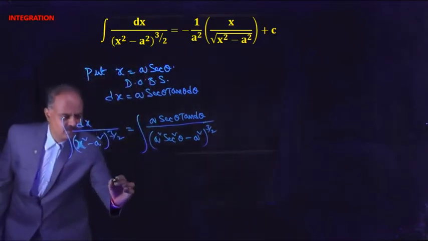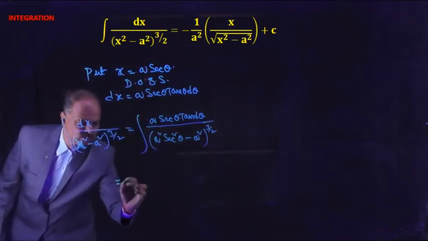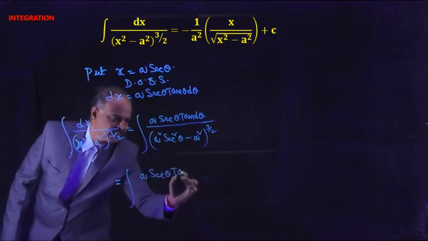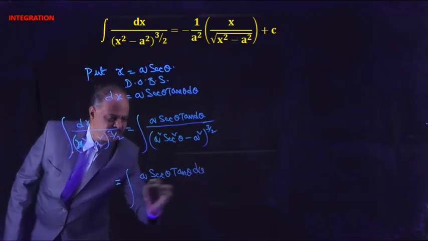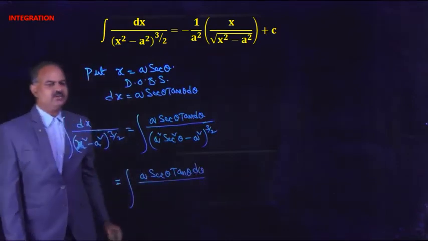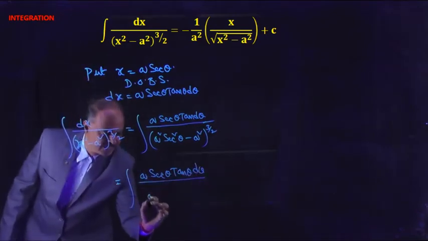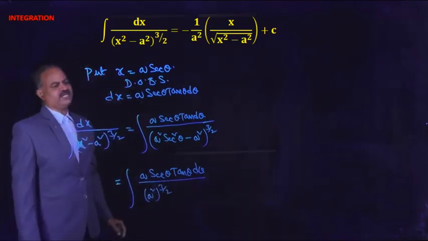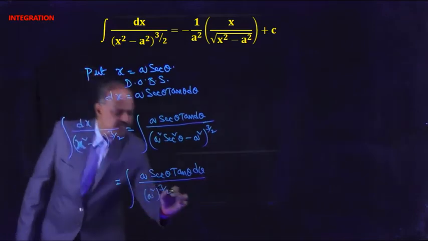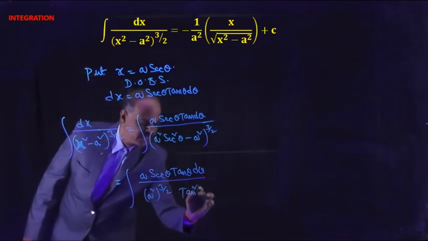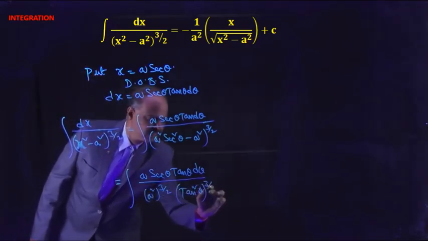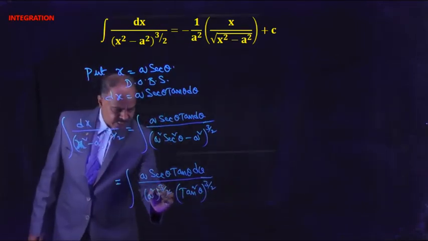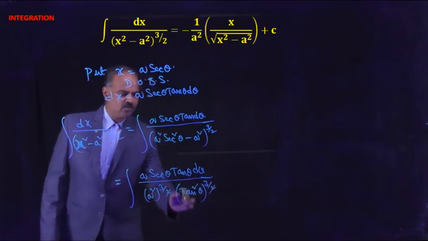Now this equals integral a secant theta into tan theta into d theta divided by a square whole to the power 3 by 2 into (secant square theta minus 1), so that is (a tan square theta) whole to the power 3 by 2. Here this a and this a get cancelled.